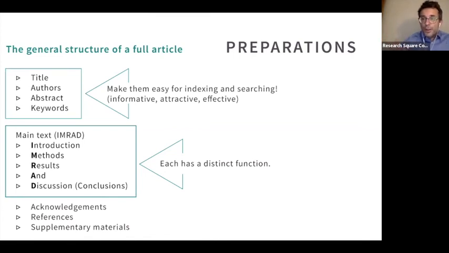In the results, start off with figures, pictures, tables of data, and then describe them to your readers. Main outcomes. No interpretation, just the facts in the results. And then in the discussion, that pyramid the right way up, tell the reader at the beginning what the outcome is, what the answer to the question is, and then build out into your interpretation at the end. This is the general structure of an academic paper.